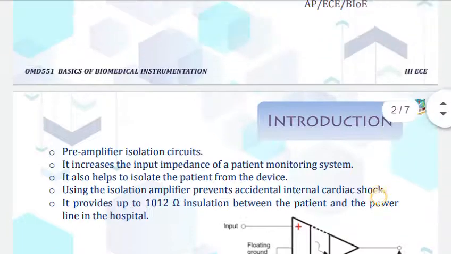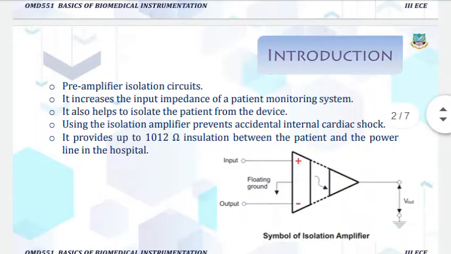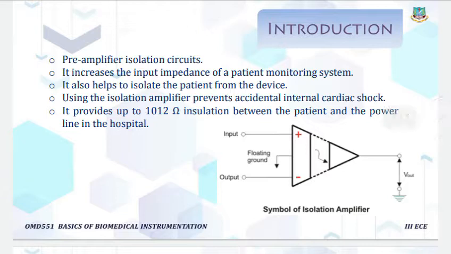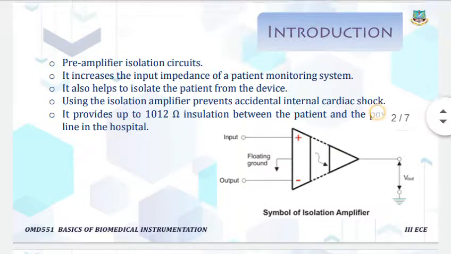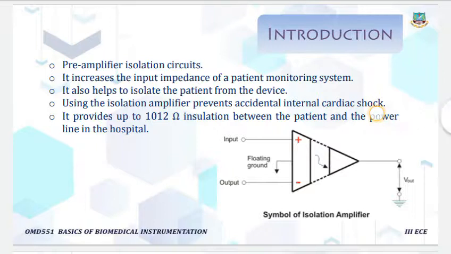So today we are going to see about the isolation amplifier. What is an isolation amplifier? This amplifier is also known as a pre-amplifier isolation circuit. It is mainly used to increase the input impedance of a patient monitoring system.